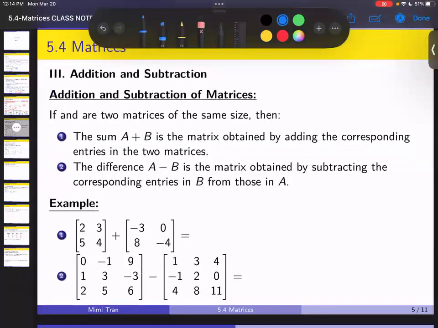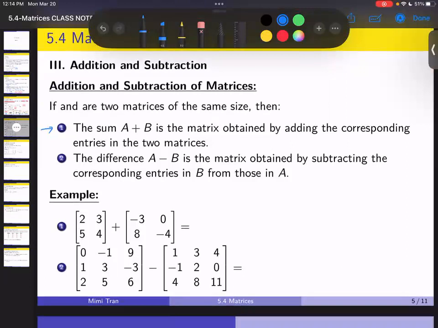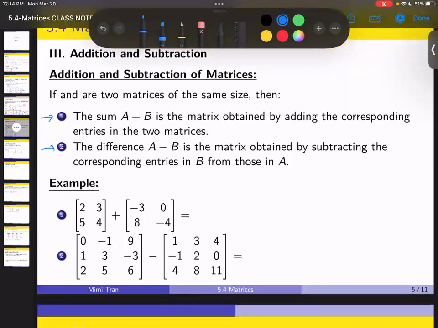And how do I do this? The sum of matrix A and matrix B is obtained by adding corresponding entries of the two matrices. Same thing for the difference of A and B. So this one equals what? 2 minus -3. I'm sorry, this is plus.